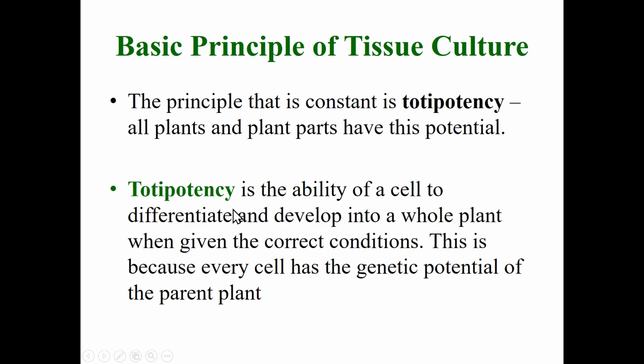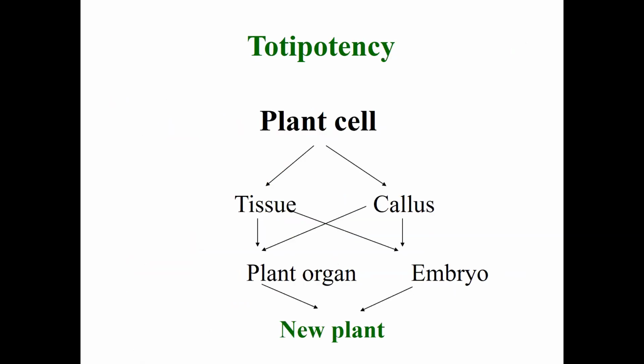Totipotency is the ability of a cell to differentiate and develop into a whole plant when given the correct conditions, because every cell has the genetic potential of the parent plant. And this totipotency allowed us to develop tissue culture based biotechnology, as well as genetic engineering at the cell level.